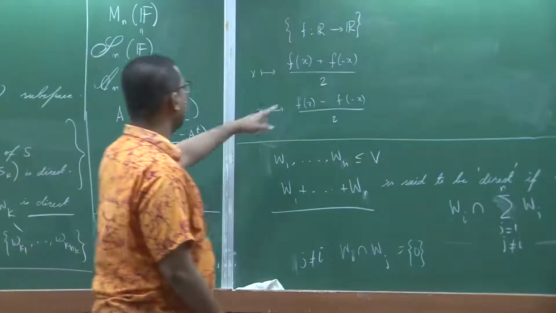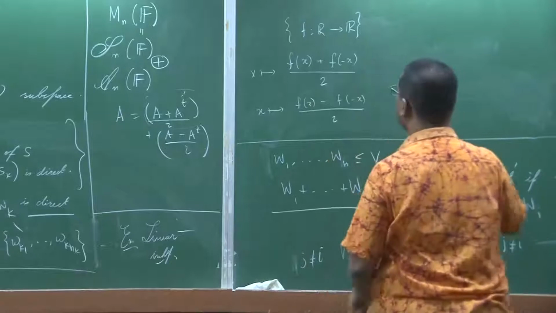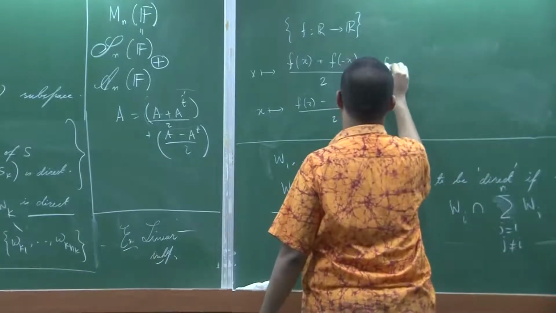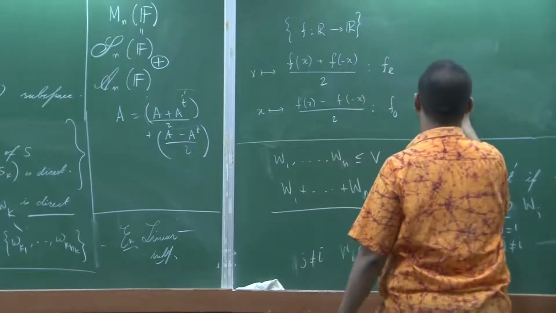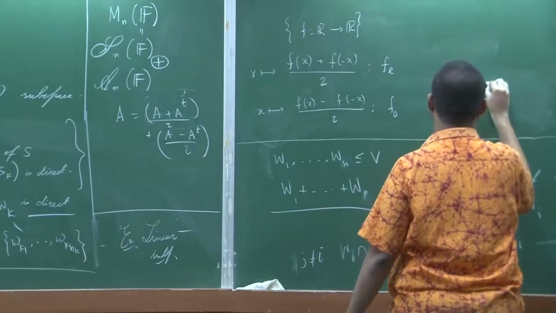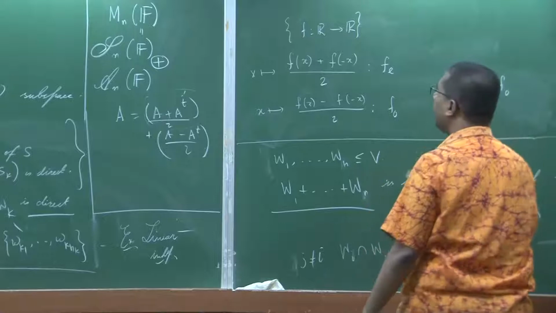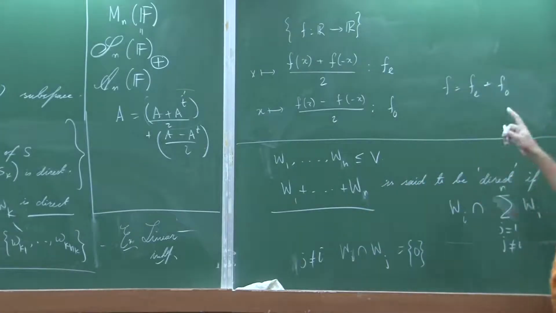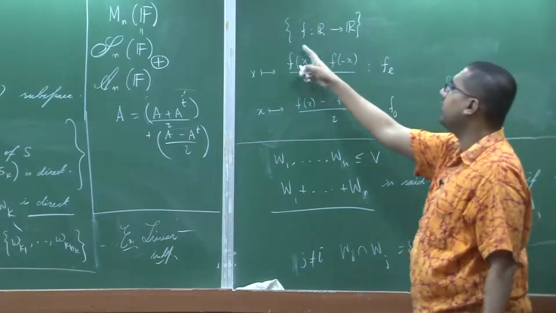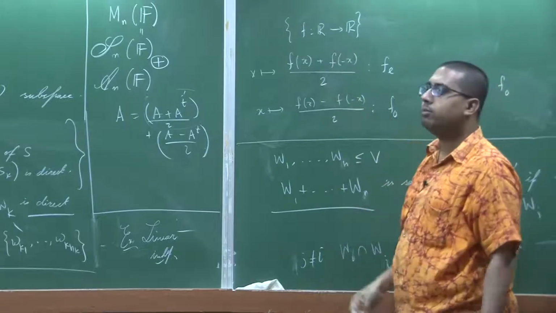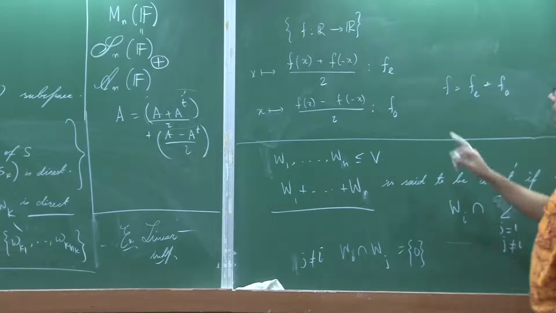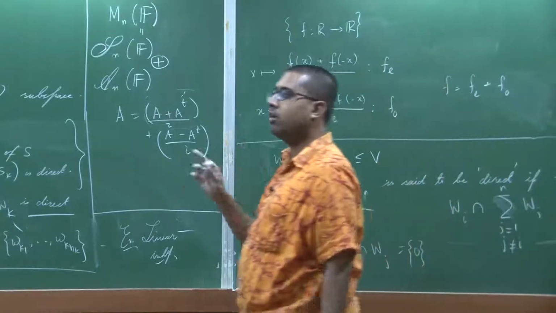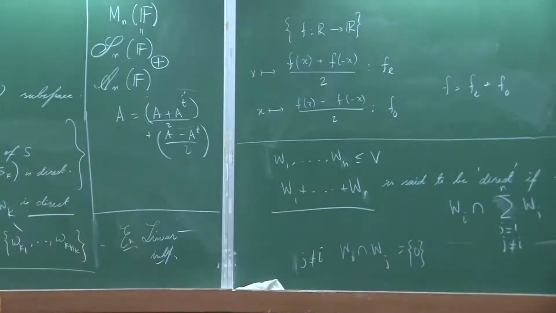If I call them f even and f odd, then given f, it is the sum of f even plus f odd. What does that show? It shows that this vector space is the sum of the subspace of even functions and the subspace of odd functions, and a function which is both even and odd has to be constantly 0, hence the sum is direct.